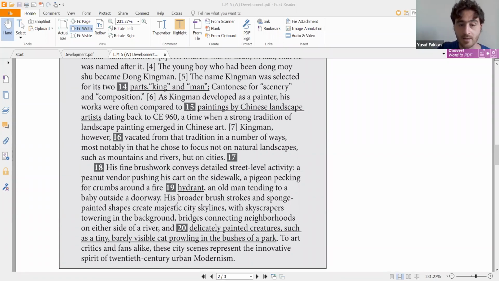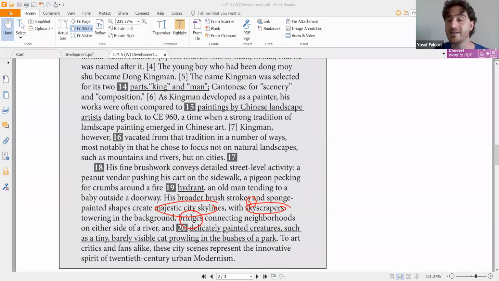Now, as you can see here, guys, the sentence is saying his broader brush stroke and sponge painted shapes create majestic city skylines. I found the part. The first example is skyscrapers towering in the background. The second example is about bridges connecting neighborhoods on either side of a river.